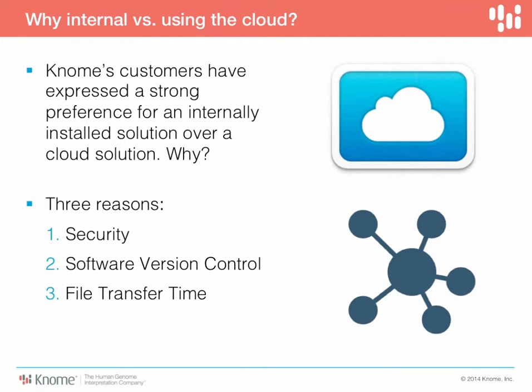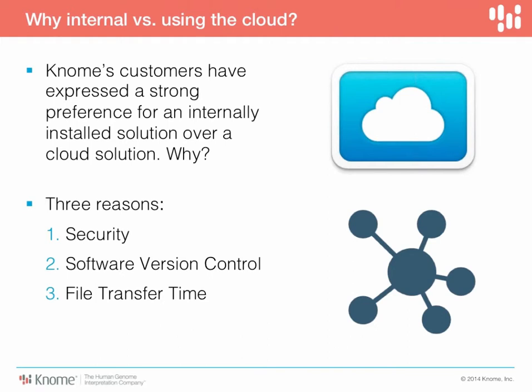But another pretty closely important reason is software version control. Many of these places are required to have complete control over the software that they use to process genomic data. And they don't really have a lot of choice in the sense of not complying. They have to comply.